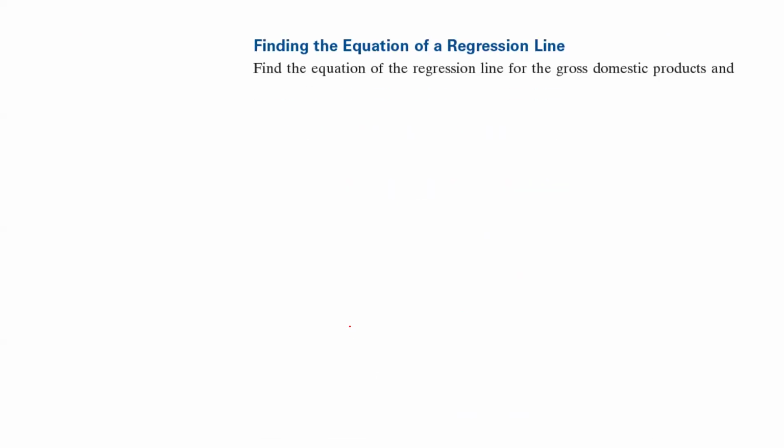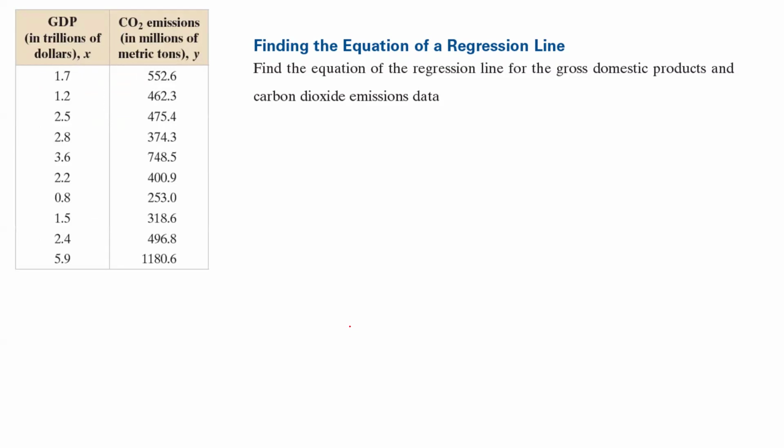So let's go over one example together, finding the equation of a regression line. Find the equation of the regression line for the gross domestic product and the carbon dioxide emissions data. So this is the data that we have. We visualized this data. We found the correlation coefficient for this data. Now our goal is to find the regression line for this data set.